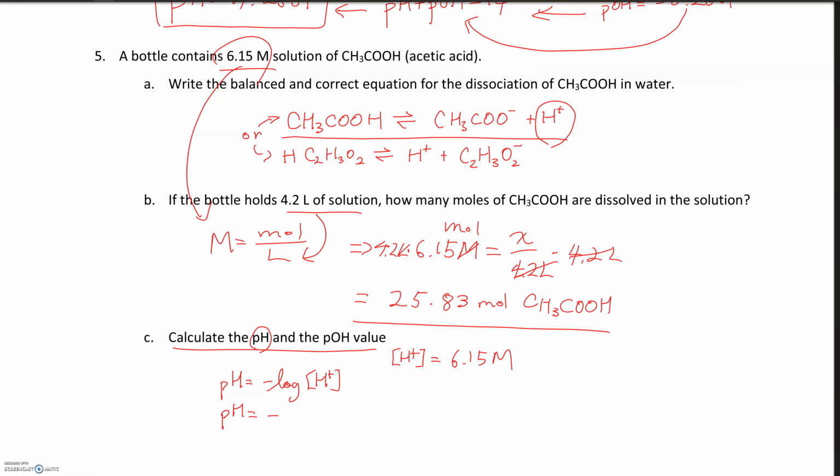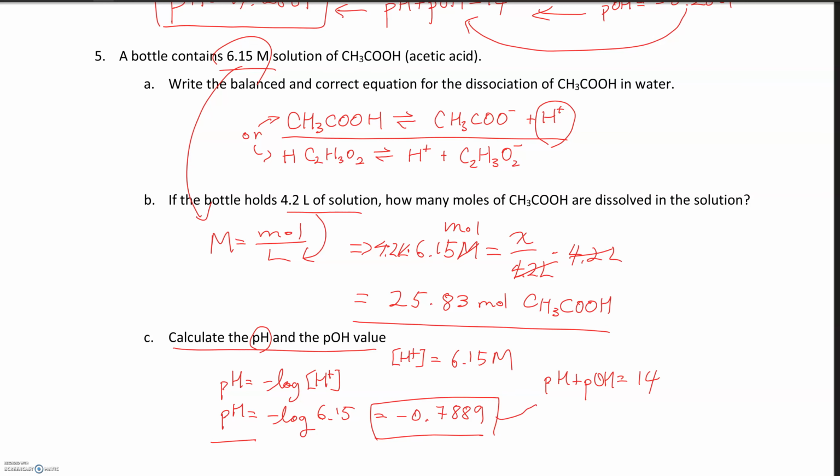So we have pH equals -log of 6.15. And this leads us to a negative pH of -0.7889. So this is our pH. So if we know our pH, we know that pH plus pOH is going to equal 14.